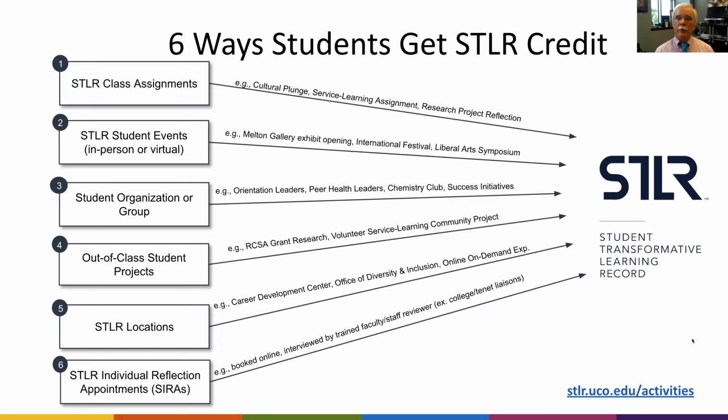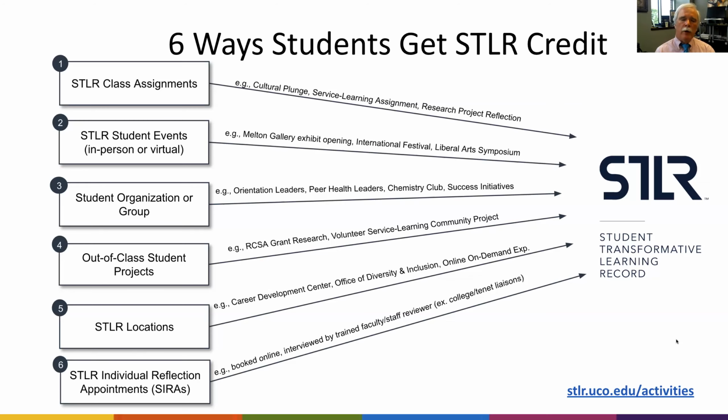Is there a way I could potentially get stellar credit for that? And because everything with stellar is evidence-based, we have to gather the evidence in the form of the reflection so that we can assess that reflection as we do all other narratives that are being assessed. So these comprise the various ways that students can earn stellar credit.